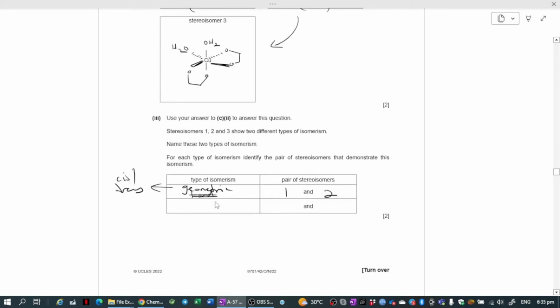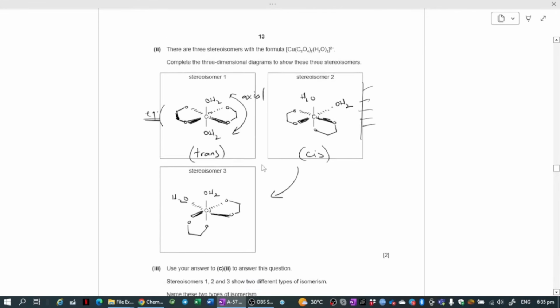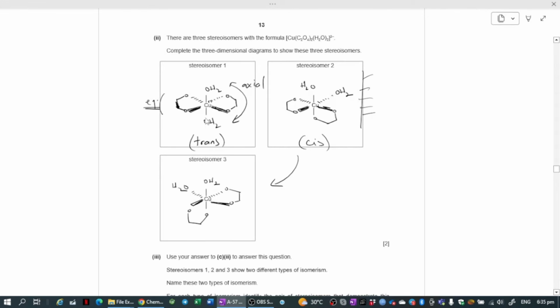So 2 and 3 show optical isomerism. In our example here, stereoisomer 1 and 3, these are also geometric isomers as well, right? These are also geometric isomers. So the geometric isomers are 1 and 2 or 1 and 3, but the optical isomers are only 2 and 3.